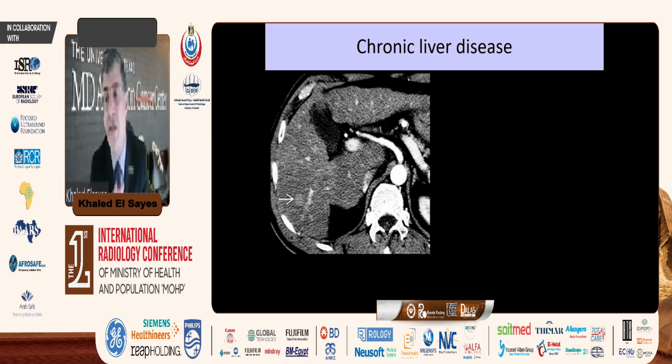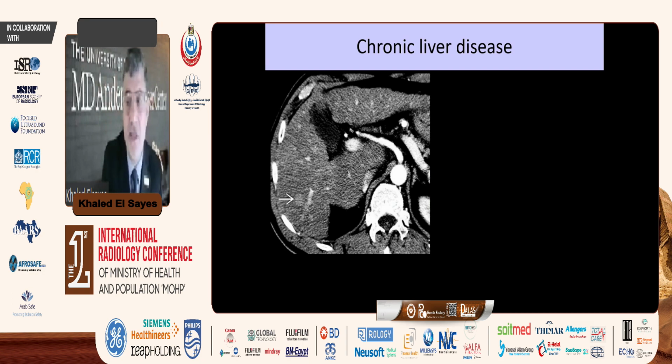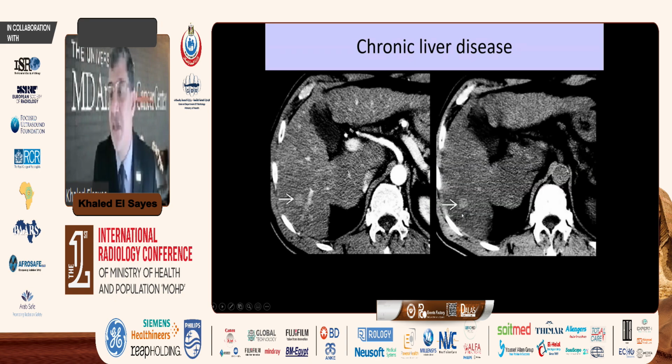This was categorized as a hyper enhancing observation, but actually it was already hyperdense in the pre-contrast. So you need to be very careful. Not everything that you see as hyperdense in the arterial phase is hyper enhancing. You need to review the pre-contrast to make sure this observation is hyperdense, not hyper enhancing. And what scenario makes this happen?